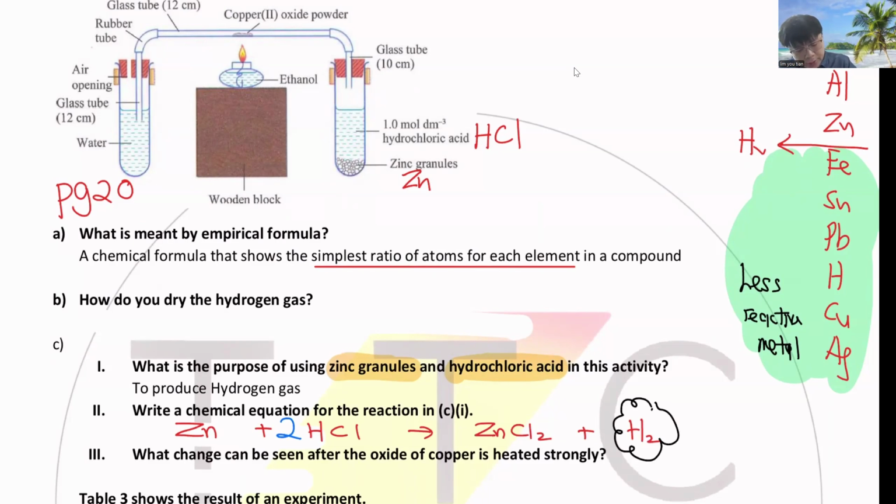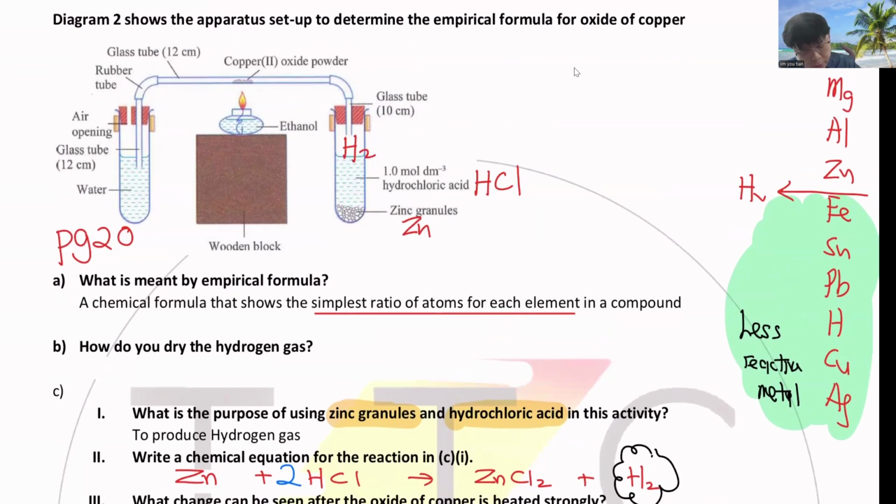So this hydrogen gas is produced and will come over to the other side. So this is my CuO. This H2 comes over here and actually reacts with the hot copper(II) oxide to turn back to Cu plus H2O, because hydrogen is more reactive.